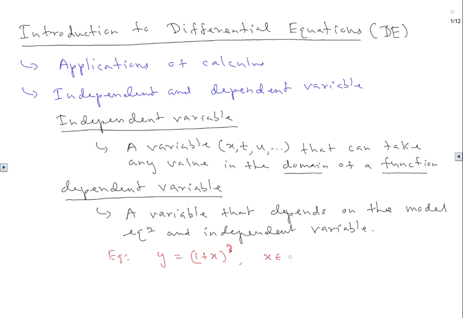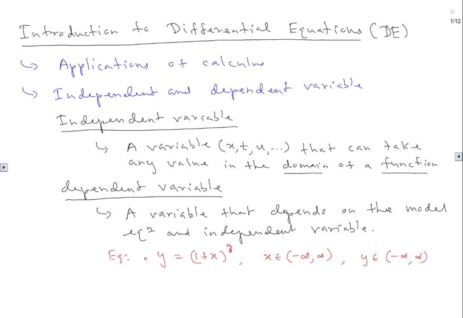So we can say x belongs to the interval negative infinity to infinity. What about y? It's a cubic function, going from negative infinity to positive infinity. So y can also take any value from negative infinity to positive infinity. The independent variable and the dependent variable both can take values from negative infinity to positive infinity.